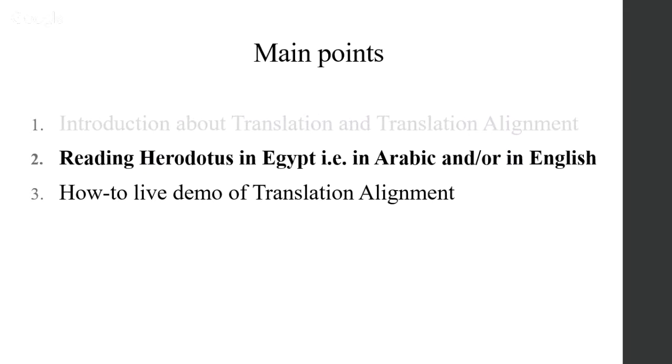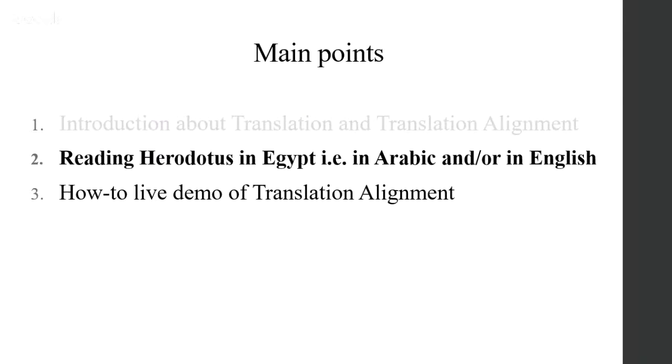And it is read in Cairo, in Egypt, and of course the native language of the Egyptians now is Arabic, so we are researching it and teaching it, and the students are reading it in Arabic, and of course English is always there.